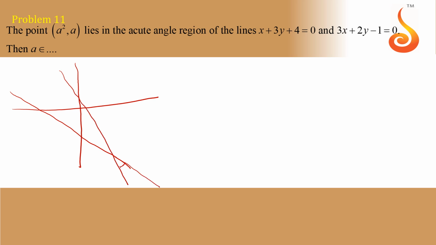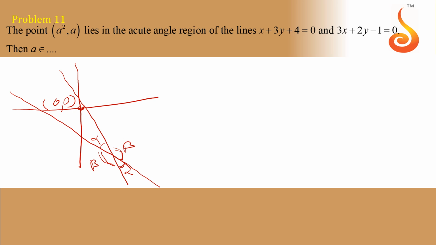So you have here some alpha. Let us say this is beta, this is alpha, this is beta. Now you have the origin here. So the origin is in the alpha angle.